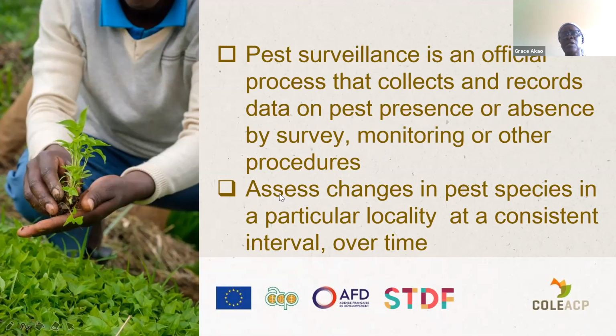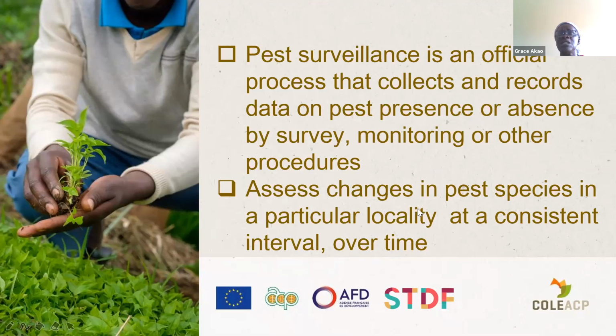And surveillance actually helps you assess changes in pest species in a particular locality at a consistent interval over time. So you can actually get to know the pest diversity, in terms of the species diversity, in a particular area, when you do it at a consistent interval over a period of time. So this is what pest surveillance will assist you with.